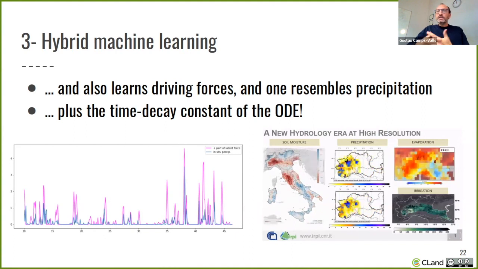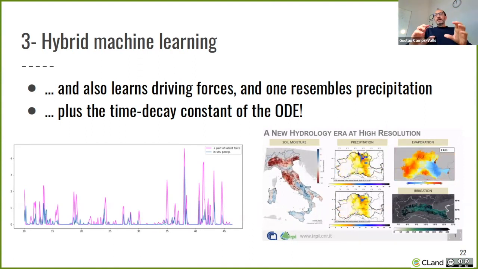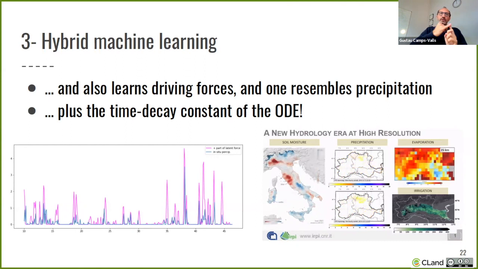So what it is actually learning is that there is some latent force here that can be associated to some process related to precipitation. Since our model specification is not complete because we did not consider evapotranspiration or runoff, etc., the driving force is not completely precipitation, but it has something like 0.8 correlation with it. The advantage of this is that you get the time decay constant for free from the model.